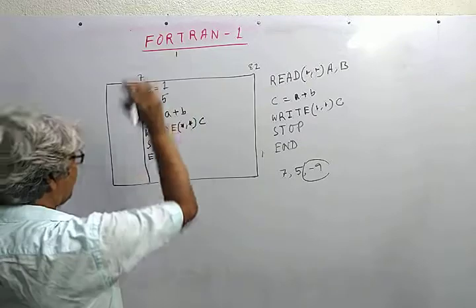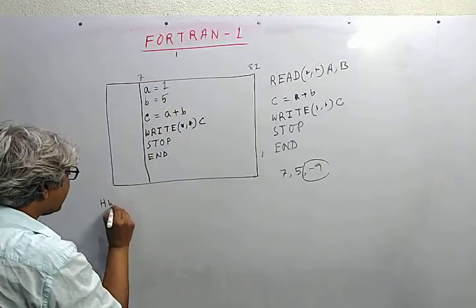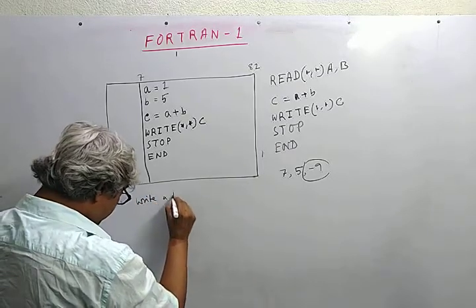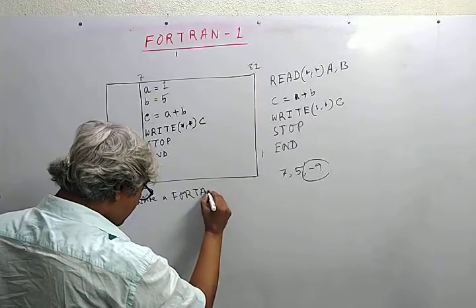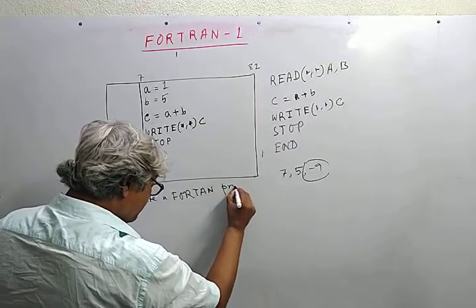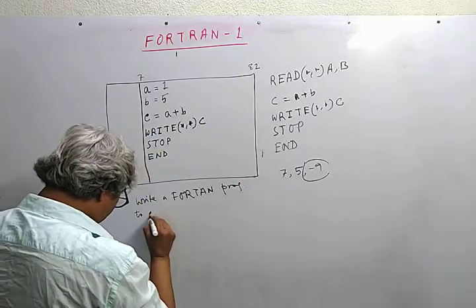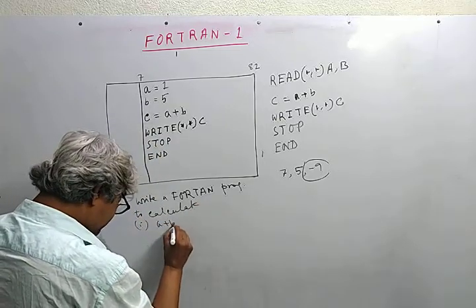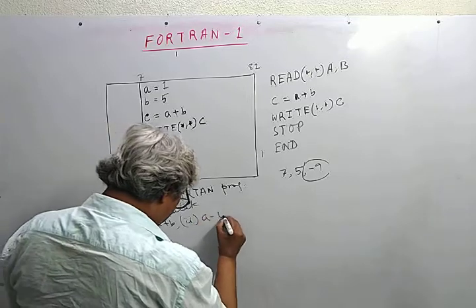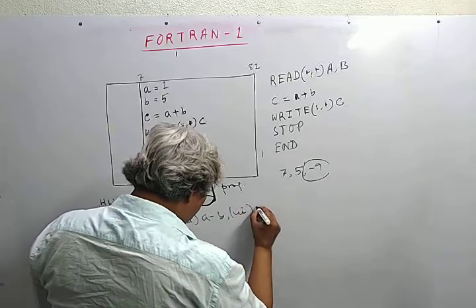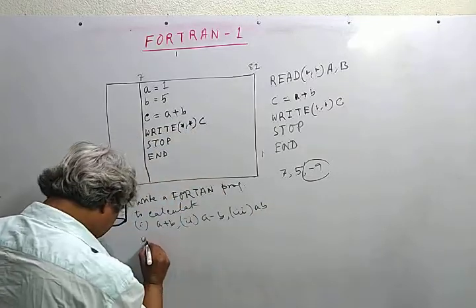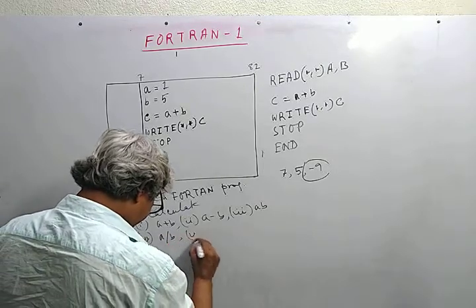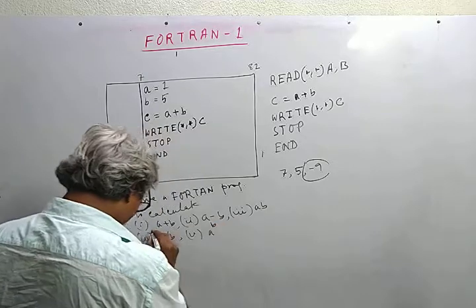We have come to the end of the first lecture, and the homework is: write a Fortran program to calculate A plus B, A minus B, AB, A by B, and A to the power B, of which the first one has been done.